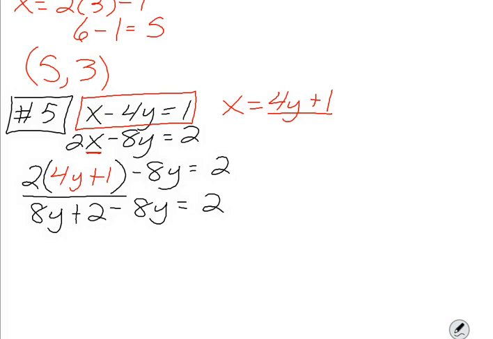Your y terms are on the same side of the equation, so you will combine them. 8y minus 8y is 0, so you're left with 0y, or just the 2, equals 2. Remember, when you only have your numbers left over, your variables disappear, your possible solutions are no solution or all real numbers, or infinitely many solutions.